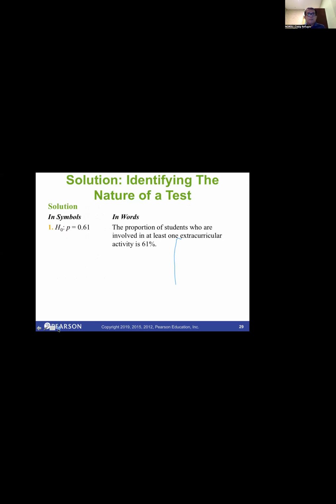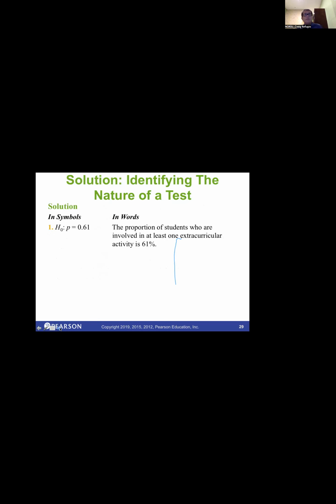So we have identifying the nature of a test. Given the previous example about a school publicizes, we have formulated already the alternative, the null, and then the claim. So now we go back to this example and classify whether it is a one-tailed or two-tailed test.